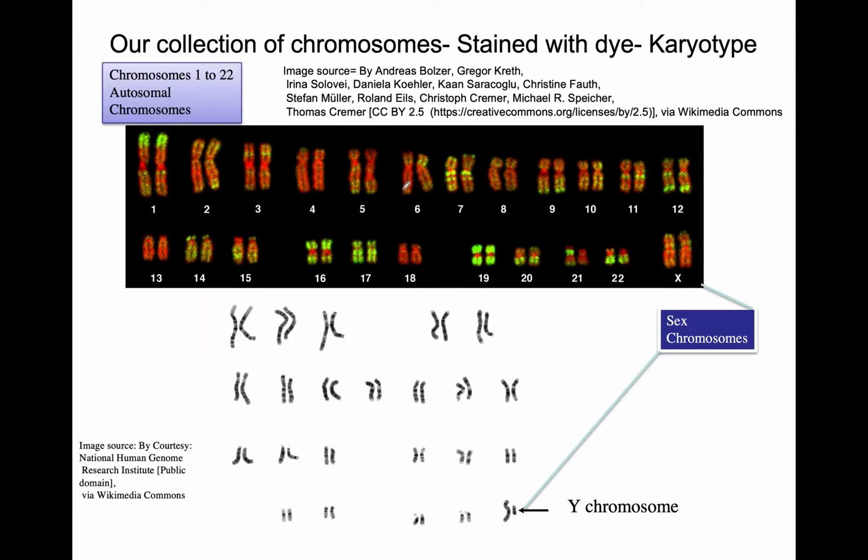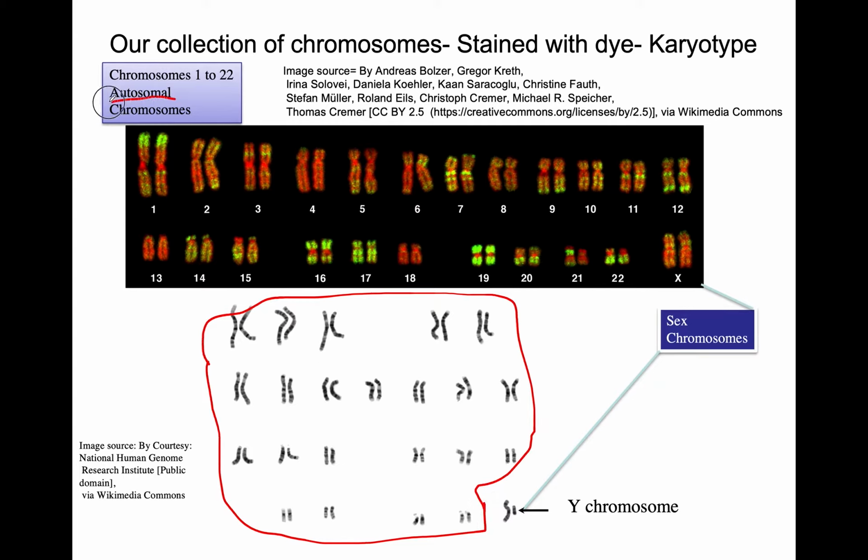So the first 22 pairs of chromosomes are called autosomes. So if we were going to draw a line, these are all autosomal chromosomes. We also have our sex chromosomes.